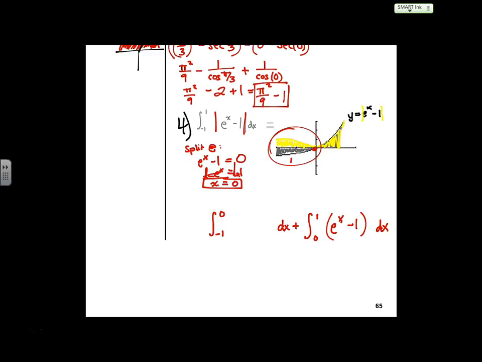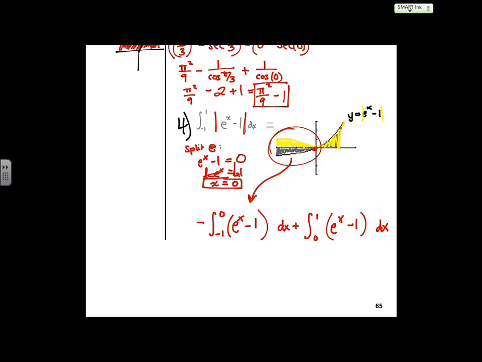How am I going to accommodate for the change that occurs without using an absolute value bar, because it makes it so I can't solve the integral? Oh, I can put a negative. What does a negative do to a quantity? It flips it, right?